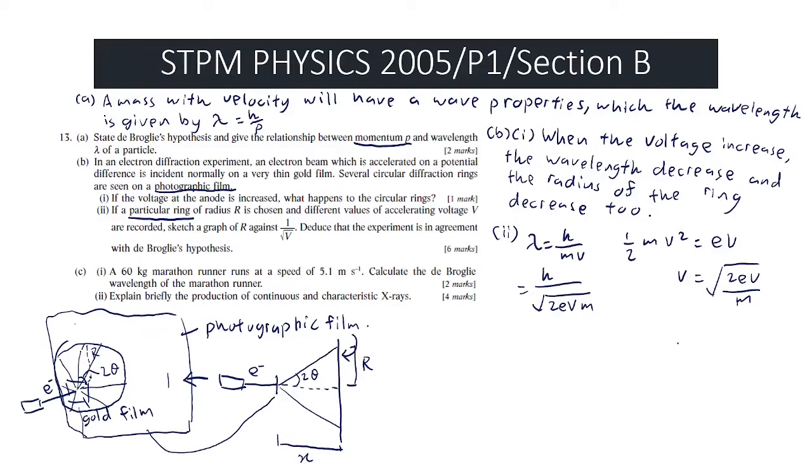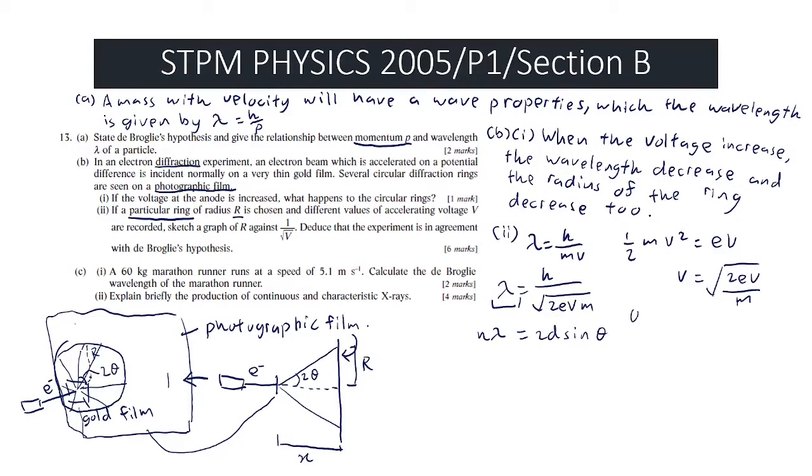Now from here we get our lambda. Now we have to find a way to relate this lambda with the radius r. Since this is diffraction, the formula is given by m lambda equals 2d sine theta.